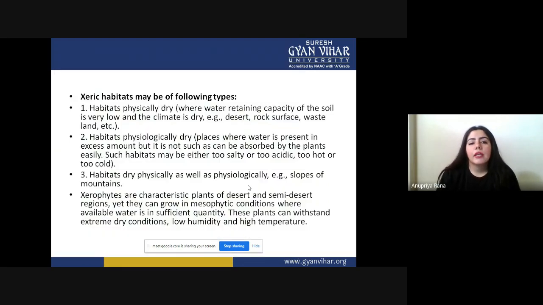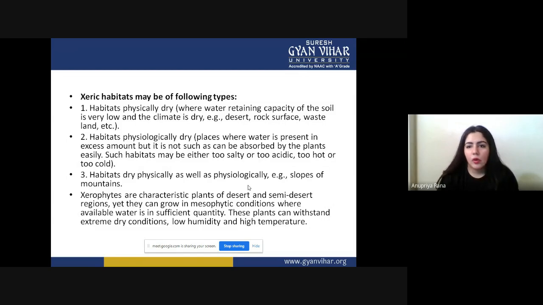There are some key points about the xeric habitat, or you can say what kind of environment xerophyte plants grow in. The very first is the habitat that is physically dry, meaning the water retaining capacity of the soil is very low and the climate is dry. Soil basically has the capacity to hold water, but sand is a type of soil which cannot hold water.